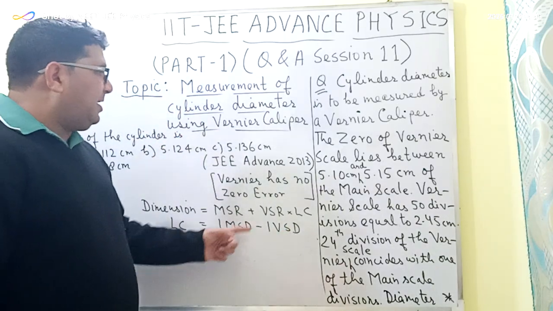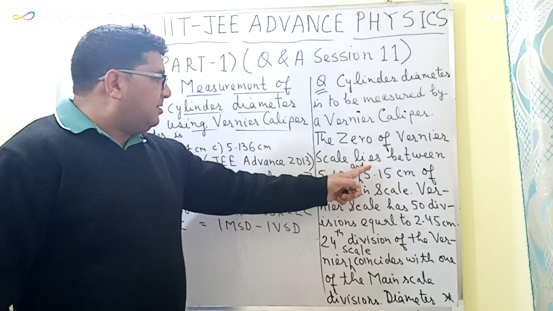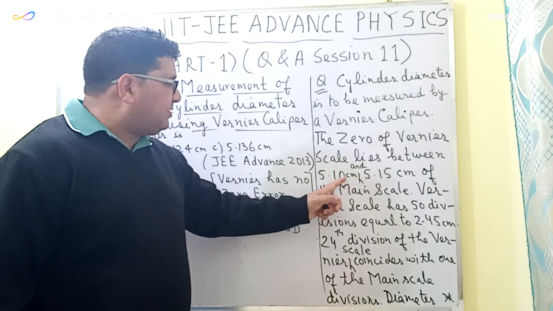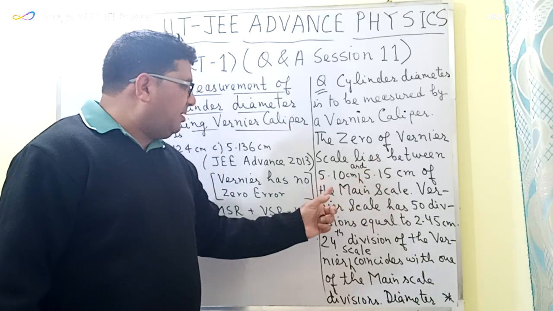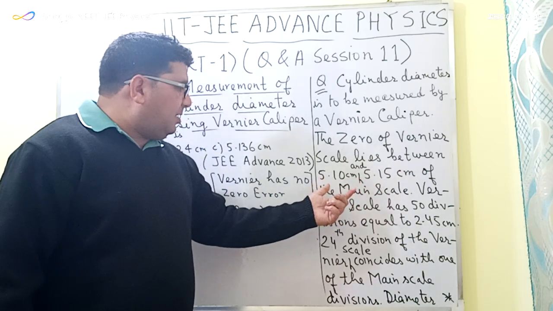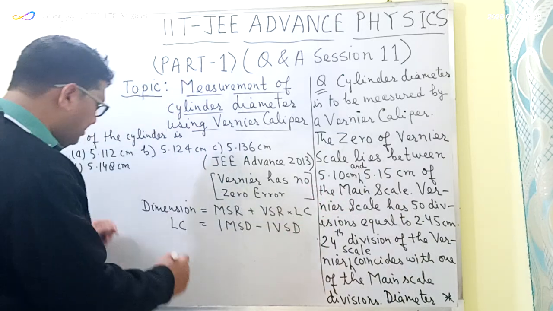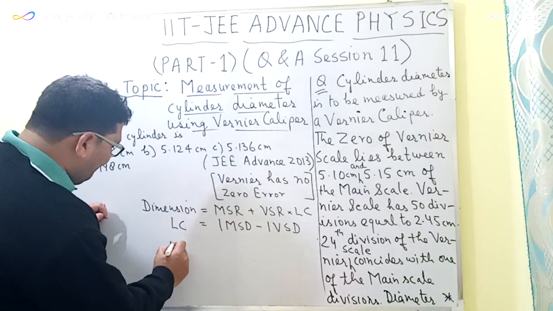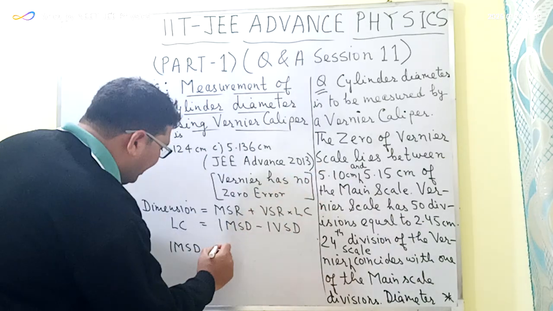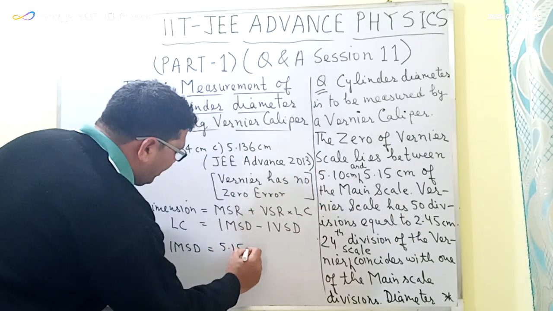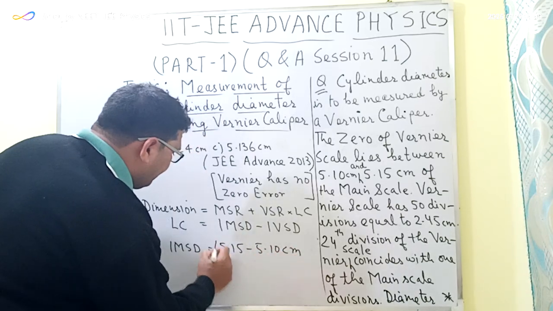Here the zero of the vernier scale is lying between 5.10 centimeter and 5.15 centimeter. So this means the value of one main scale division will be equal to 5.15 minus 5.10 centimeter.